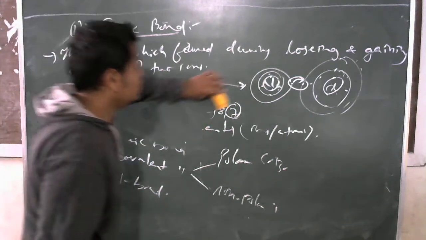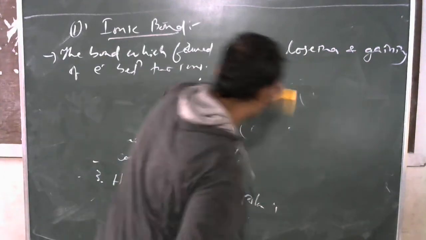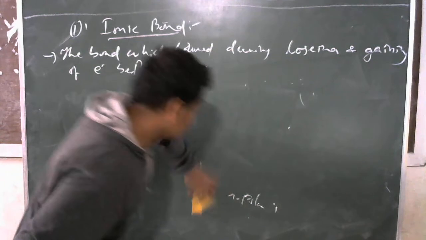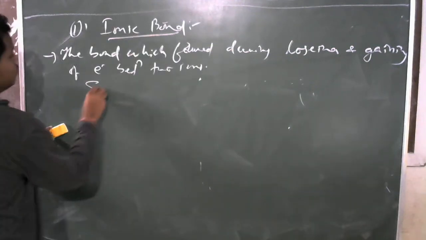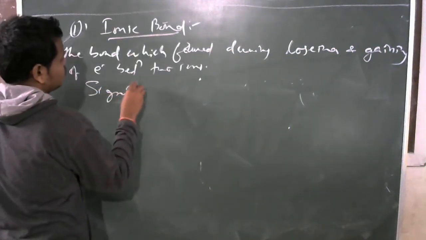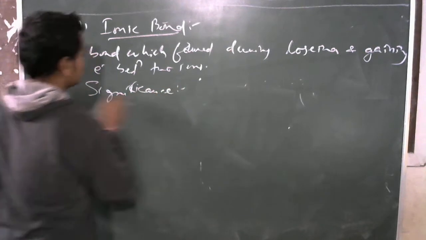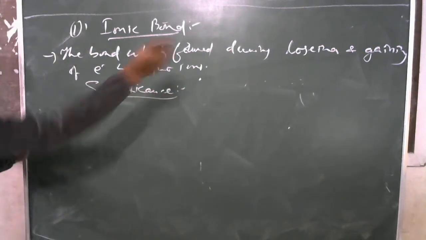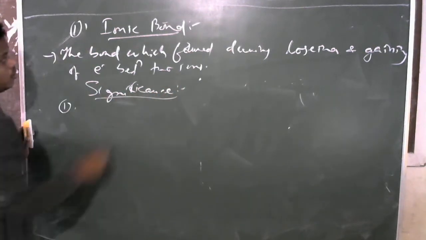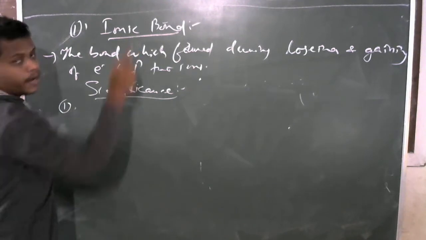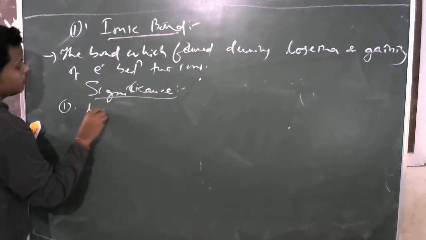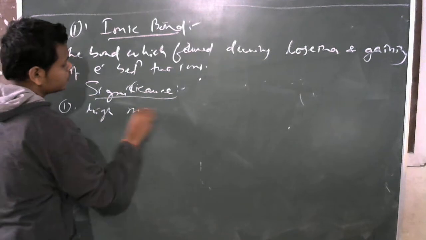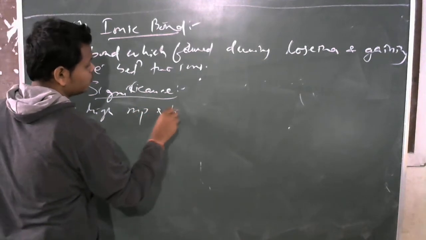Then what is the significance, or their importance? First of all, the compounds or molecules having ionic bond have high melting point and high boiling point.